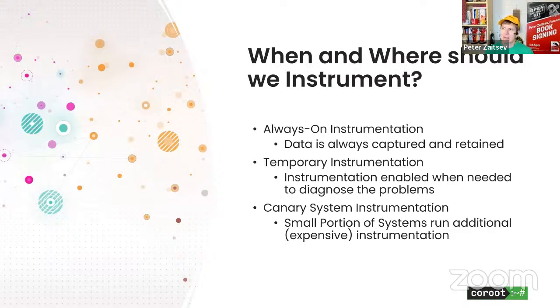The other angle of approaching instrumentation is about when and where should we instrument, right? Again, the systems we work with often involve a large number of components going through different cycles. And what we find very helpful is, one, we have always-on instrumentation, right?